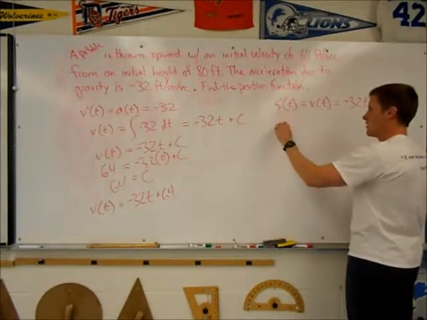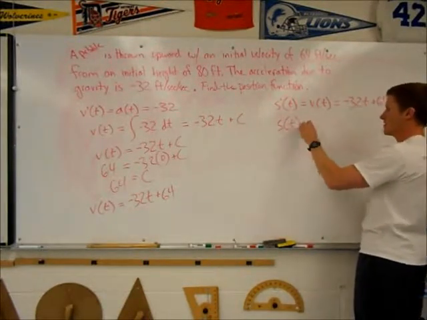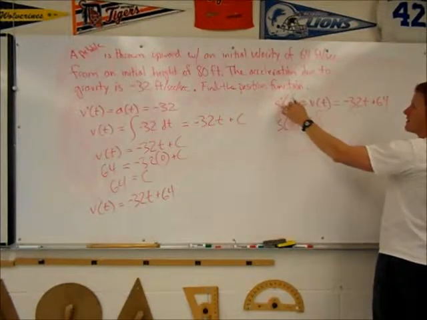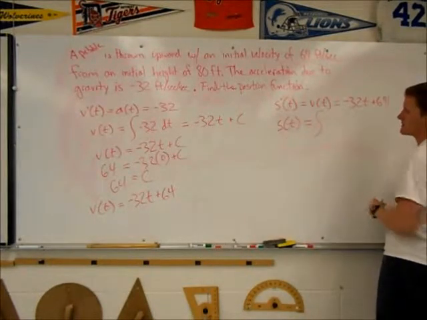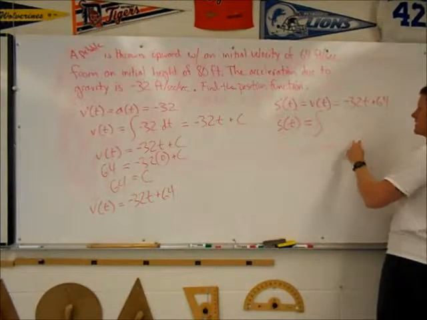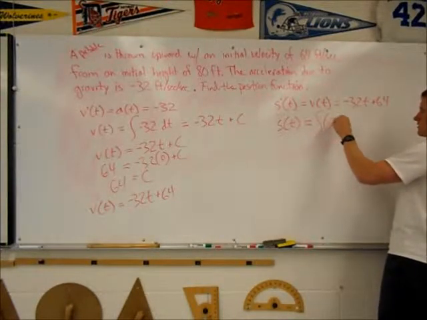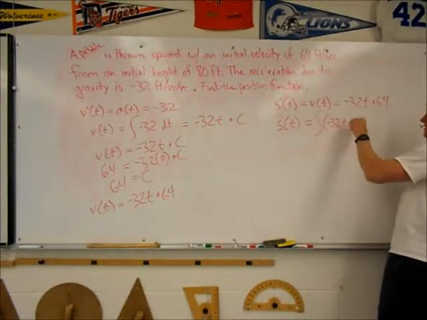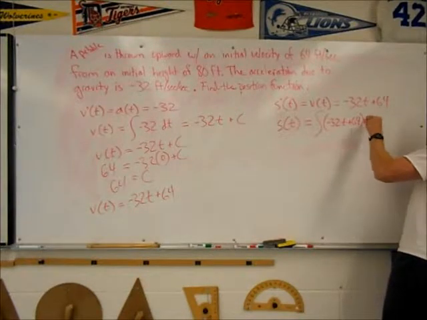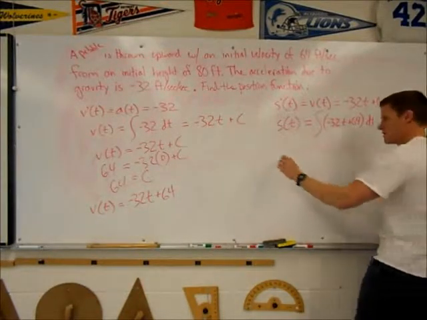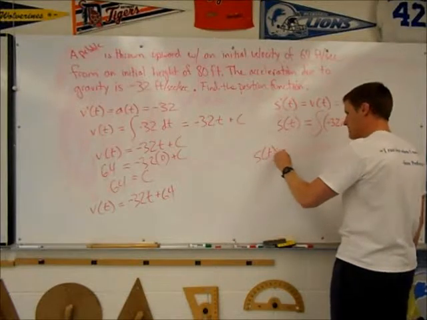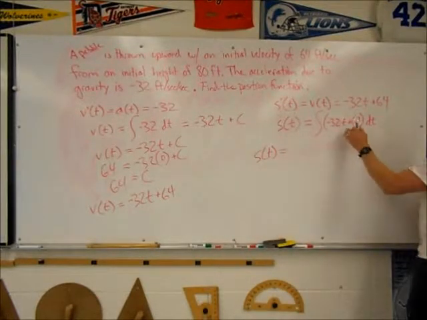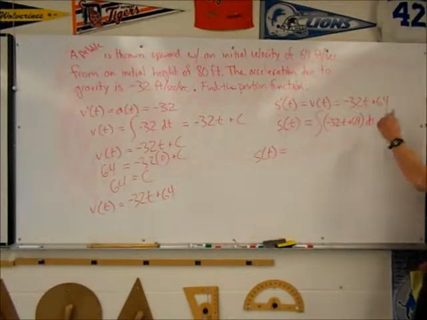So let's take antiderivatives. Antiderivative of a derivative is the function itself, and then the antiderivative of this side. Here we go. Position is negative 32.